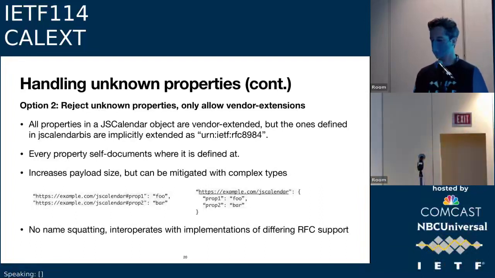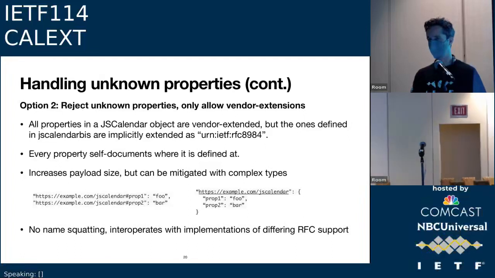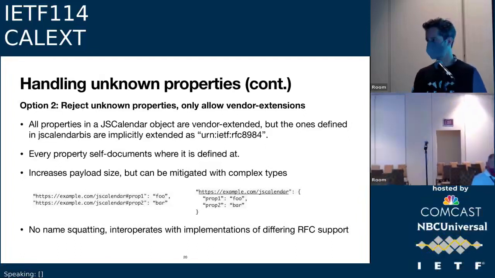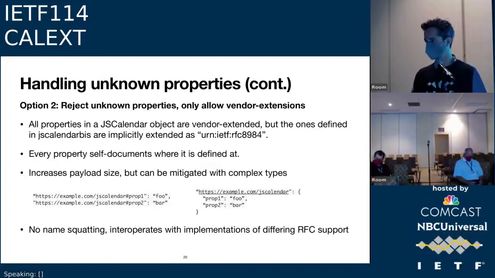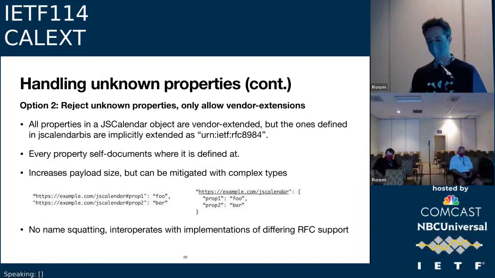But taking Bron's point into account, for option 1, there is the unresolved question of how to deal with name squatting of non-vendor extended properties. Given the time, I don't think we will be able to resolve that. I'd just say that you can't create non-vendor properties unless you specify an RFC.